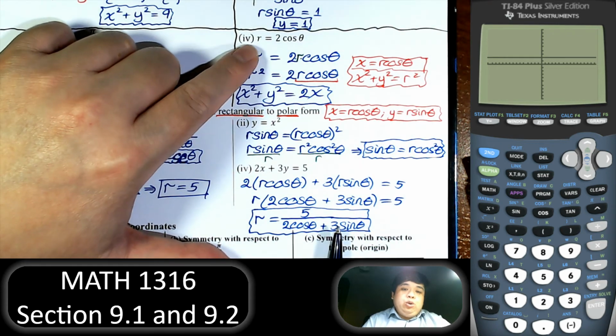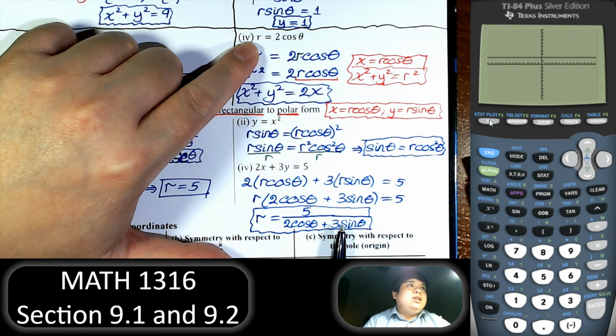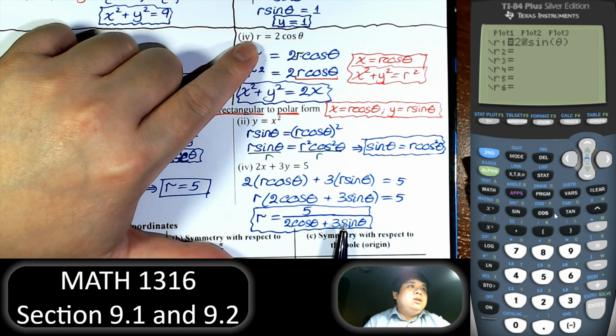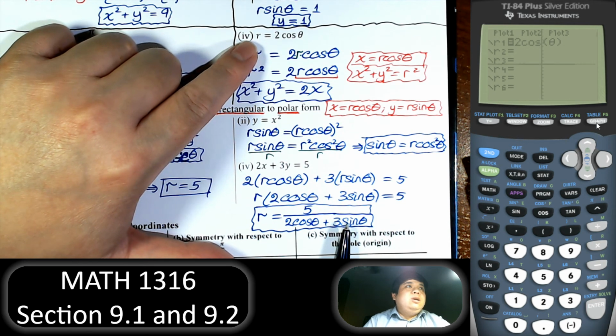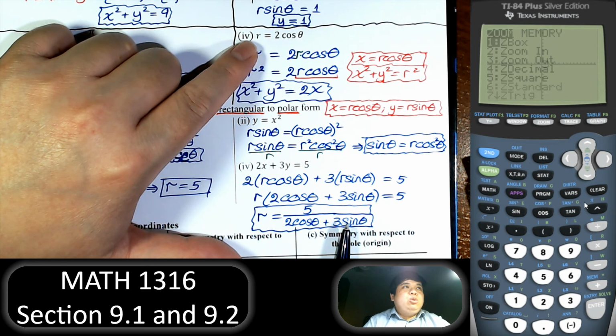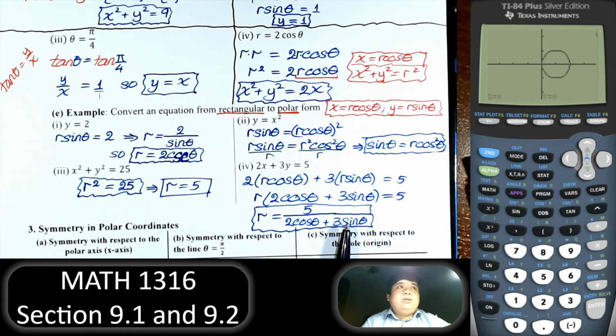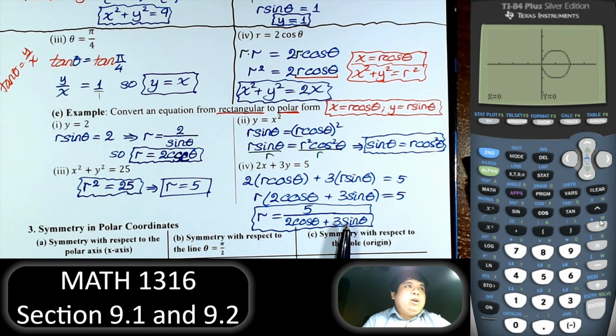And r equal to 2 cosine theta. That is a circle. Let me zoom in. So that is a circle. Of course, there's a lot of things we can graph.